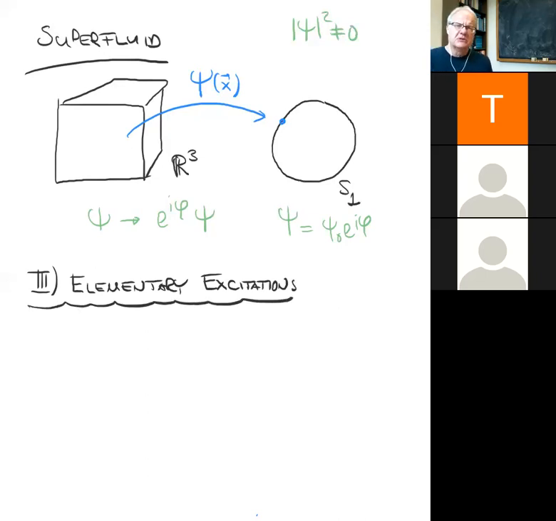And again, that's most easily done with an example. I think here I'm just following the book. For simplicity, consider a two-dimensional solid.